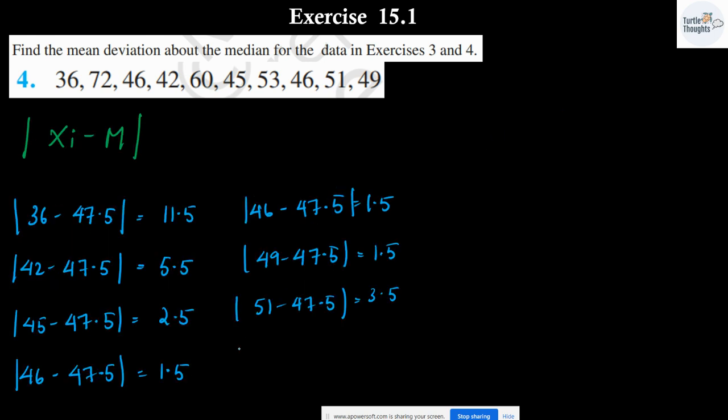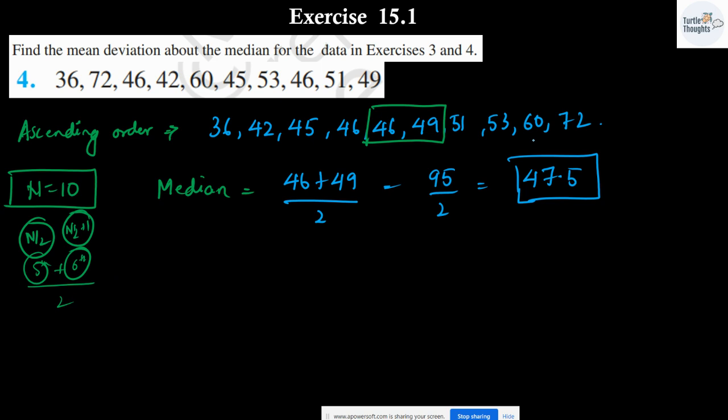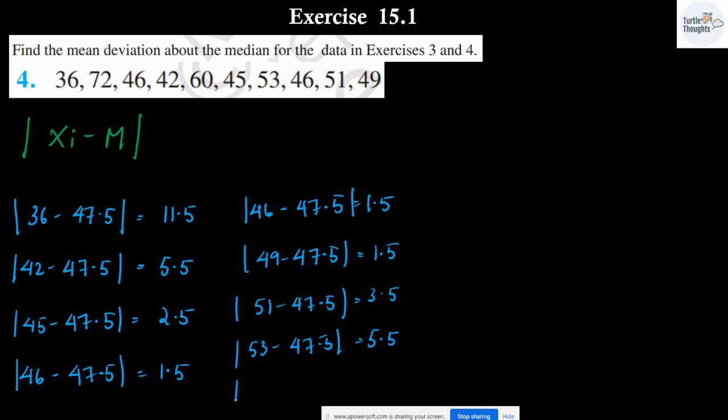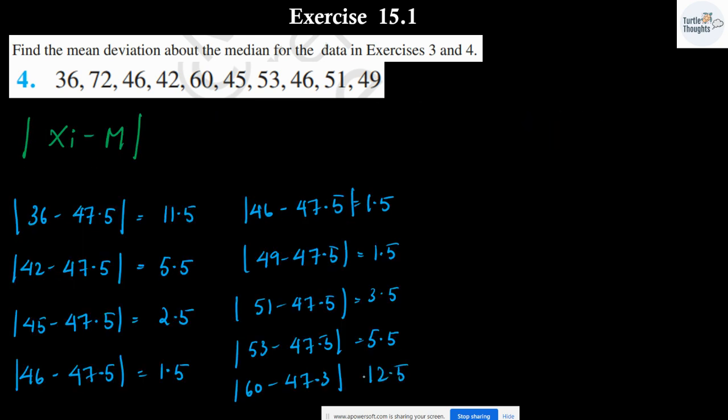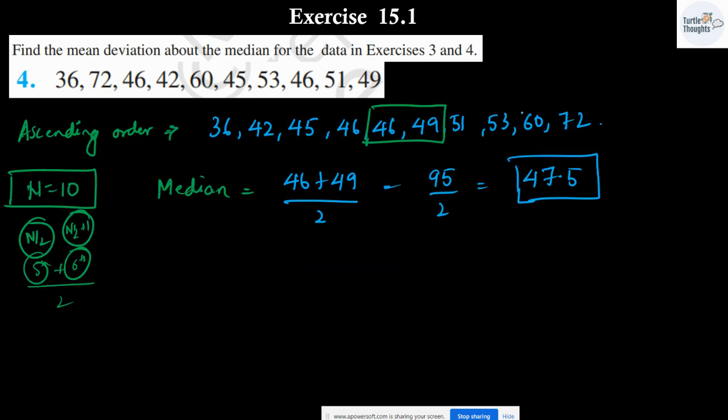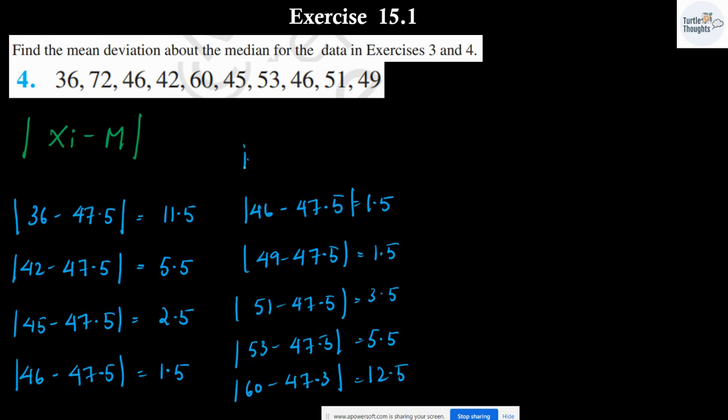Next I have 53 minus 47.5, I will be getting 5.5. Next I have two more, which is 60 and 72. So 60 minus 47.5, it is going to be 12.5. Lastly I have 72 as well, so 72 minus 47.5 is going to be equal to 24.5.